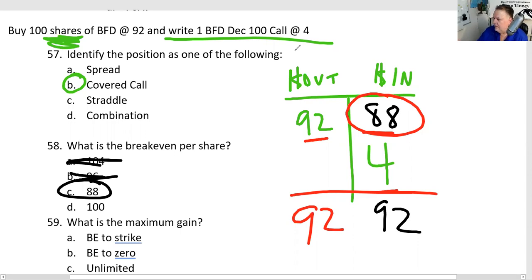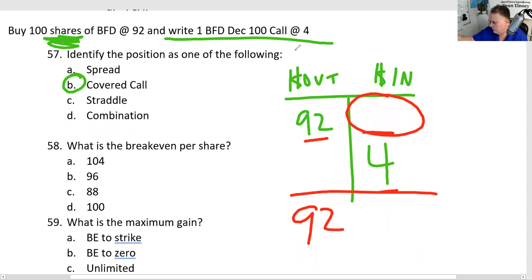By the way, that's the one time and the one time only where you're actually doing a call and you're not adding. The reason you're not adding is because this is not an option position. Now, the disadvantage of a covered call is you said you would give up the stock at the strike price. And so what is the maximum gain?